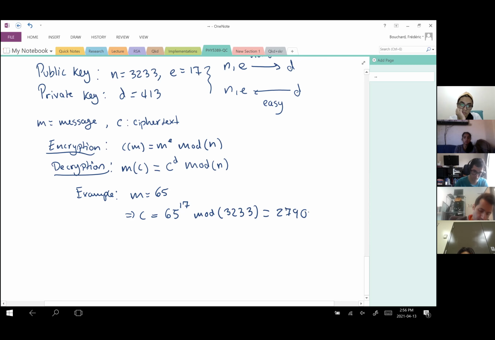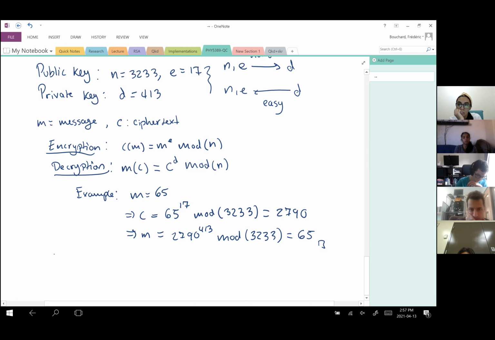So Alice will take the message, which is 65, and then doing the encryption, the ciphertext will be 2790. And then Alice will send that on the public channel to Bob. And Bob, once he receives the ciphertext, he can get back the message by calculating this here. 65. Okay, so you can actually run the numbers. You'll see that everything works.